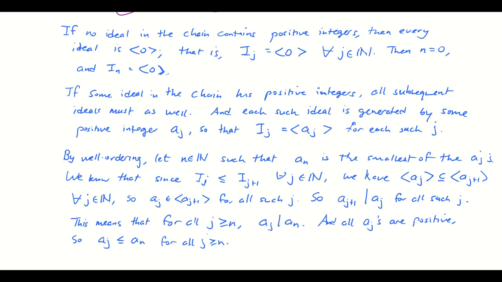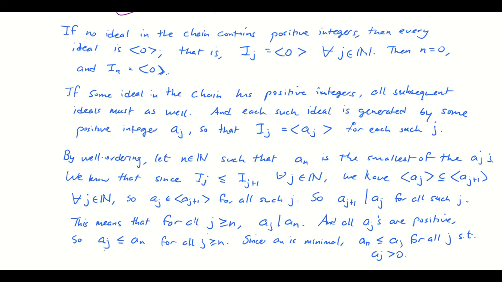Okay, but now we have an issue because we also know that we set a sub n to be the minimal among all of the a sub j's. a sub n is the smallest. So now, since a sub n is minimal, it is also true that a sub n is less than or equal to all the a sub j's such that a sub j is positive.